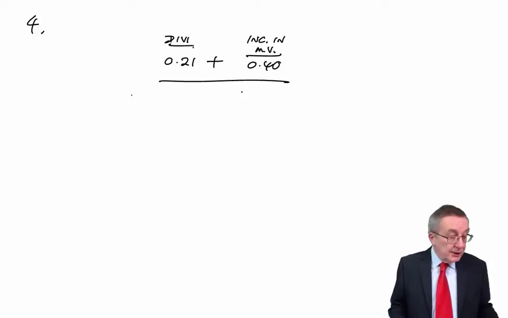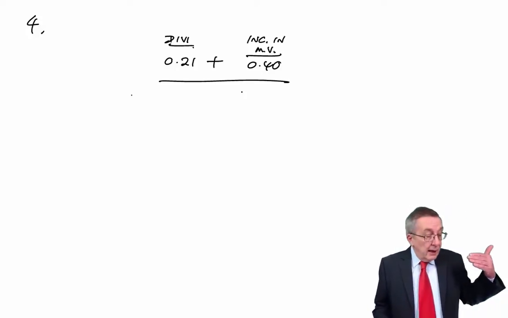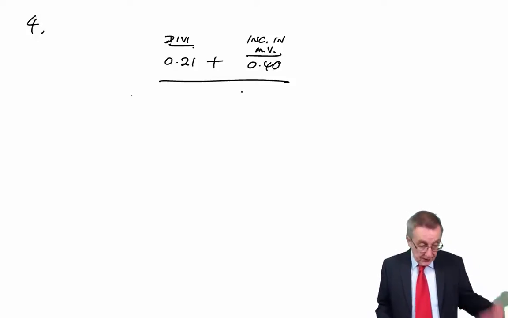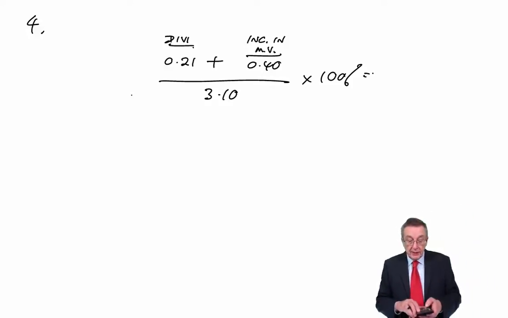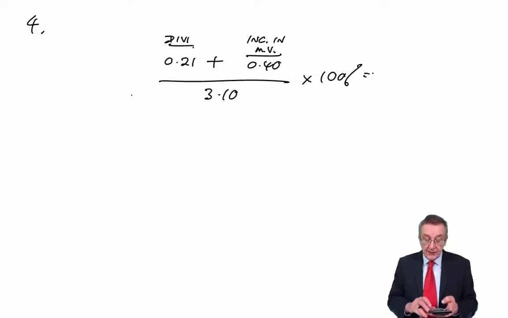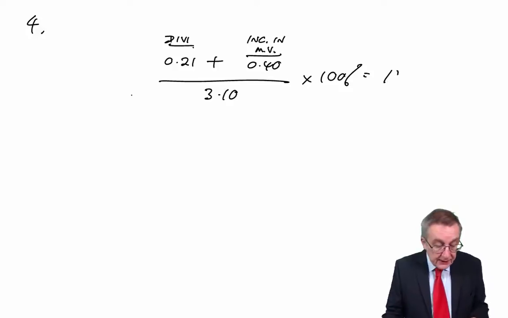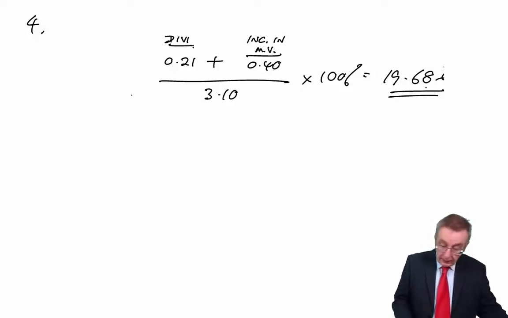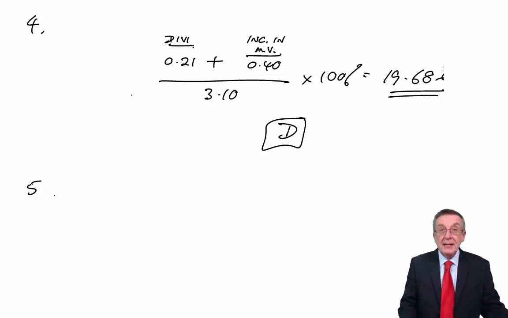As a percentage, we express it as a percent of the market value, the share price, of the start of the year, which was $3.10. And so total return, 61 cents on $3.10, is 19.68%, or well, obviously he's put it to one decimal place, 19.7. The answer is D.